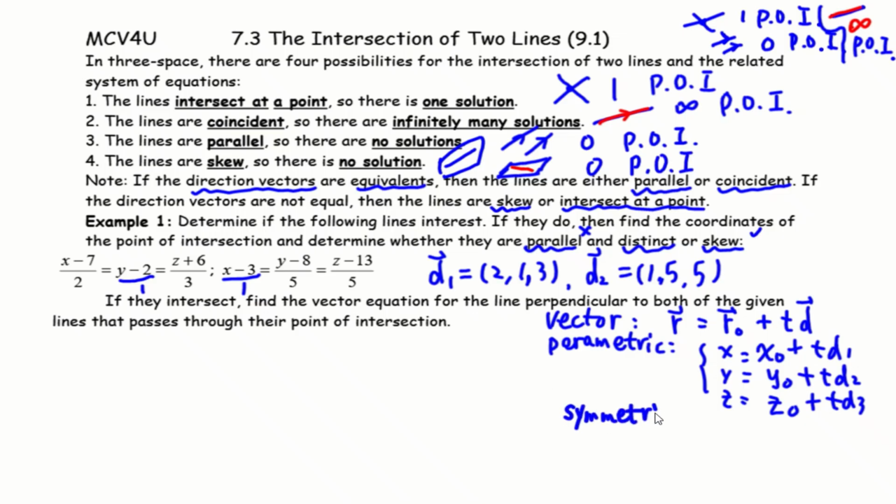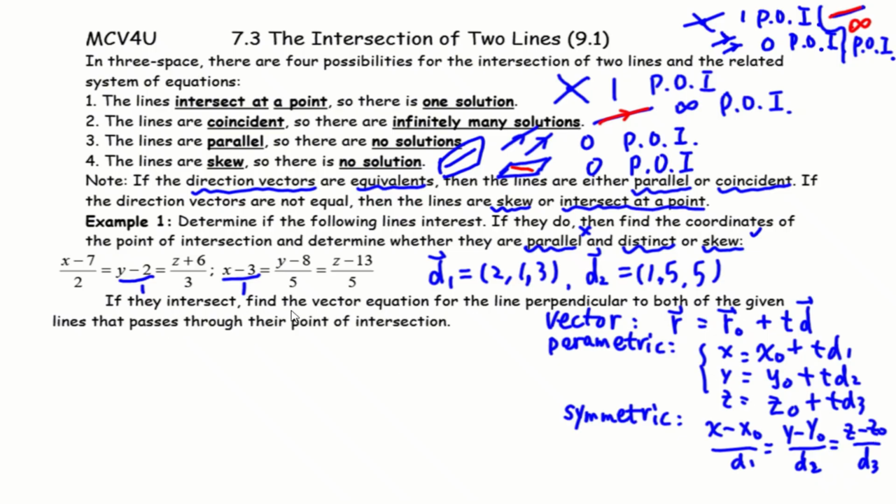And also the symmetric equation is given by solving for t: x minus x0 over d1 equals y minus y0 over d2 equals z minus z0 over d3. d1, d2, d3 are the direction vector of the line, and x0, y0, z0 is a point on the line, okay?